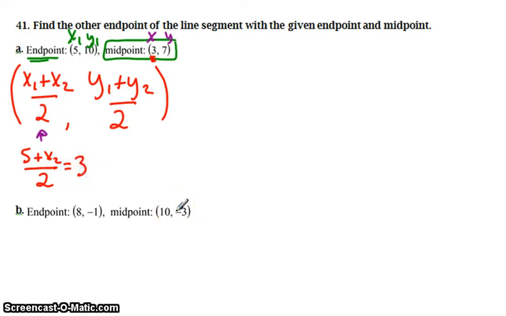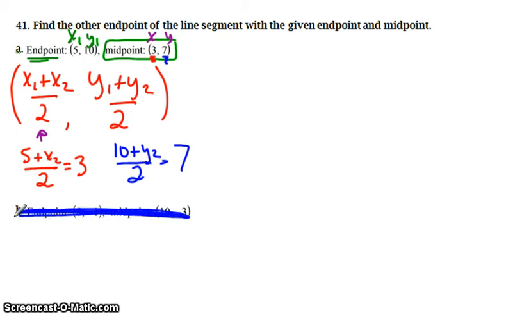And on the other part, I know y1 is 10, plus y2 over 2. I don't know what y2 is, but I do know the final answer should be 7. So what I have is two separate equations. The variable on this side will allow me to know what x2 is, and this side will allow me to know what y2 is. So we're going to ignore this for a minute.